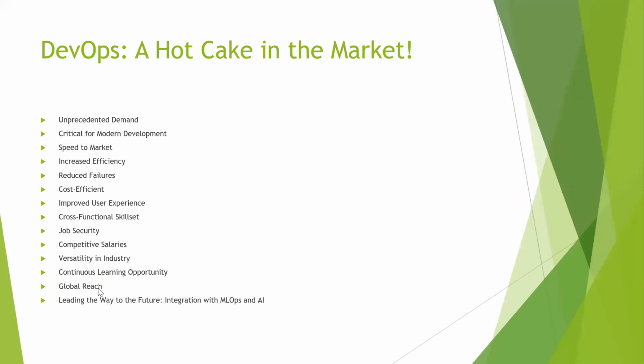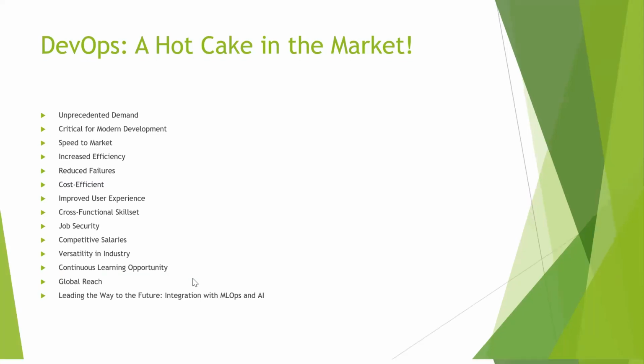By collaborating with machine learning, DevOps is extending as MLOps, wherein it will use machine learning techniques. So there will be a lot of projects coming for DevOps engineers to work on for many more years in future. That's why I can say it is a hot cake in the market, and it will continue.